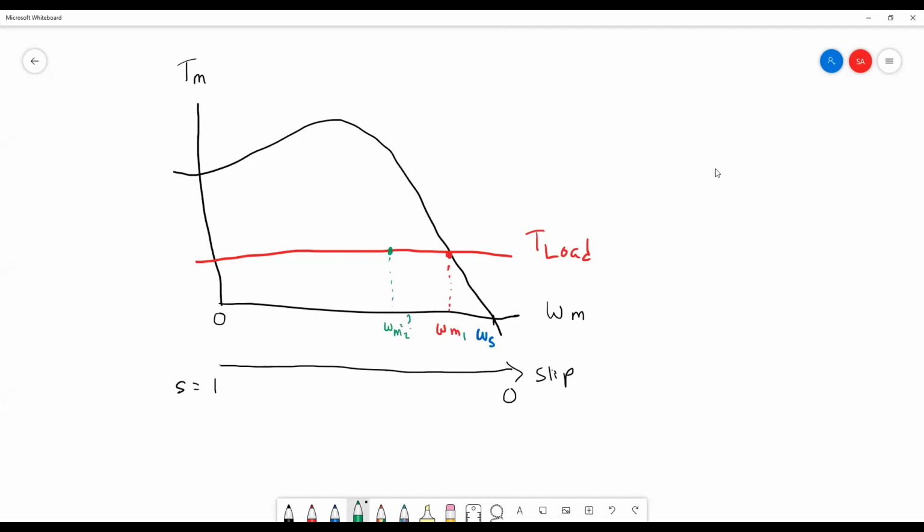So how can I make my motor speed change from omega_1 to omega_2? As I have mentioned, the speed of the motor is determined by the intersection between your torque load and your motor characteristic. So how to change this? Is it by changing the torque load here so that it will intersect here?